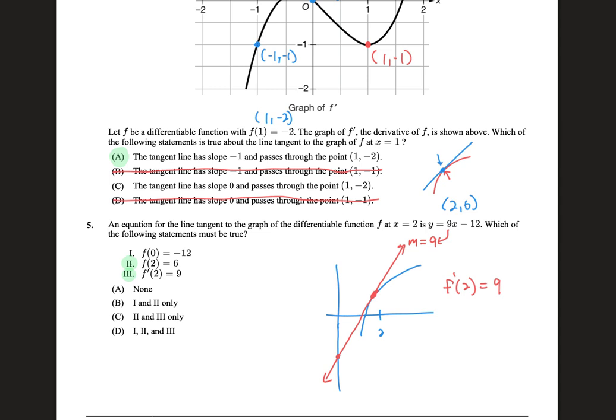So 0, 12 is a point on the tangent line, but we have no idea whether or not it's a point on the function. This function could do anything, and it may or may not pass through that point. So, okay, 2 and 3 only.